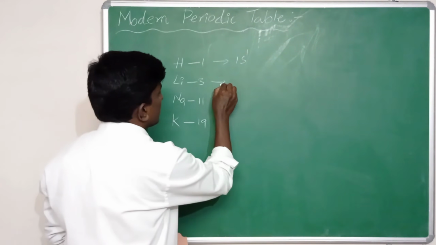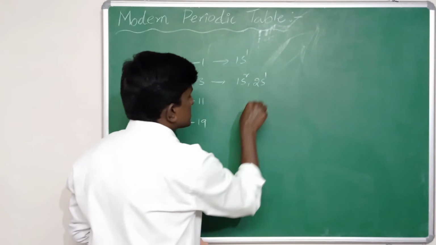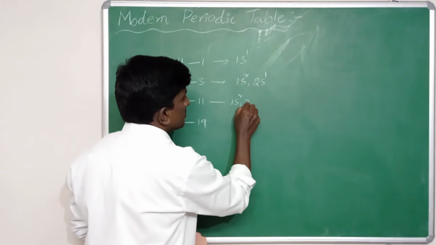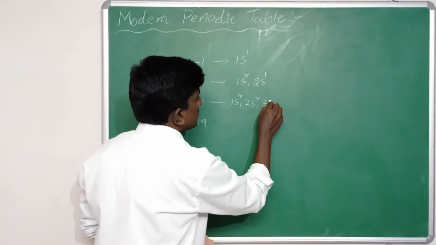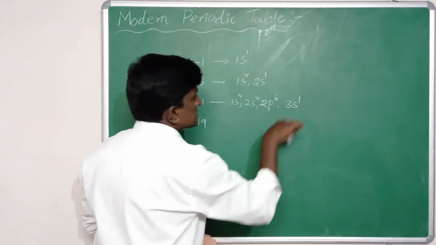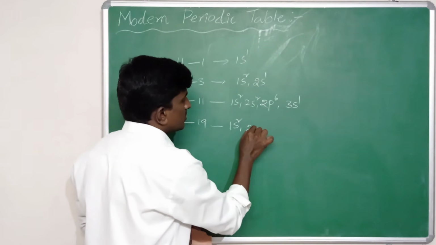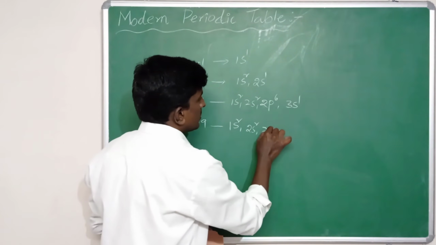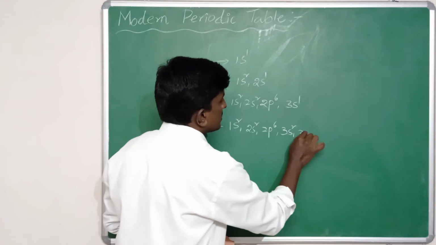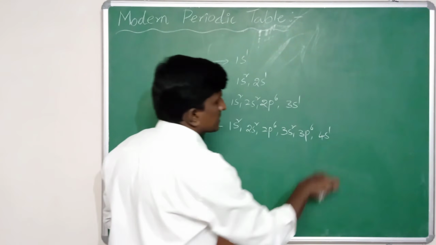Hydrogen is 1s1, and lithium is 1s2, 2s1. For sodium, 1s2, 2s2, 2p6, 3s1. Similarly, for potassium, 1s2, 2s2, 2p6, 3s2, 3p6 and 4s1.